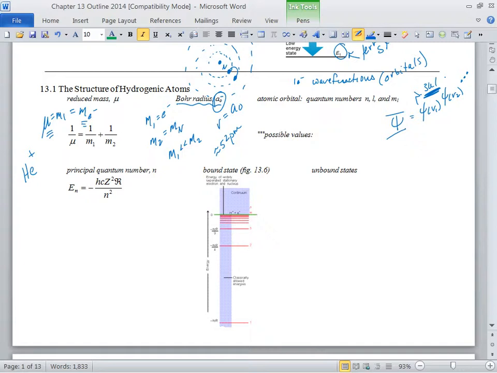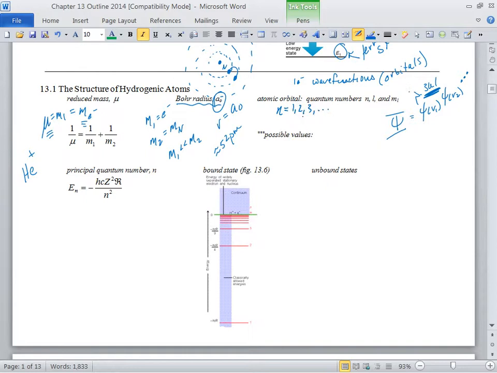But the point with this stuff, these quantum numbers, remember this n, l, and m sub l? When we don't want to go and solve all this stuff, we just want to use the results. In these quantum numbers, n could go from 1, 2, 3 on up.